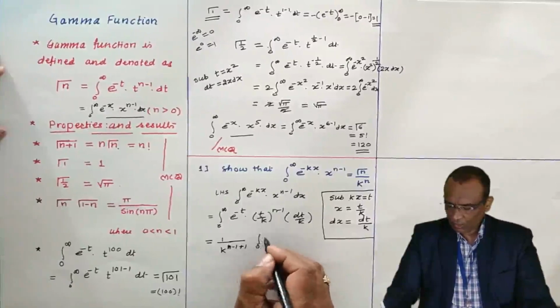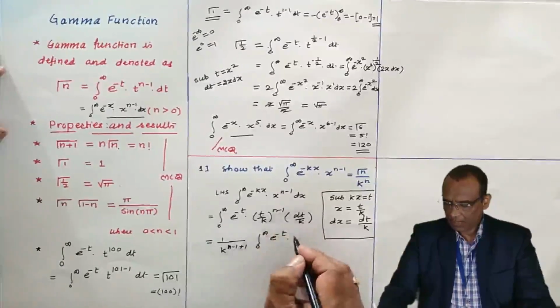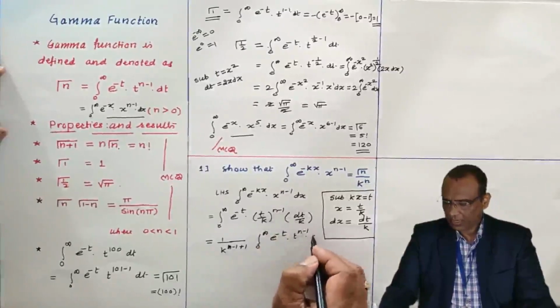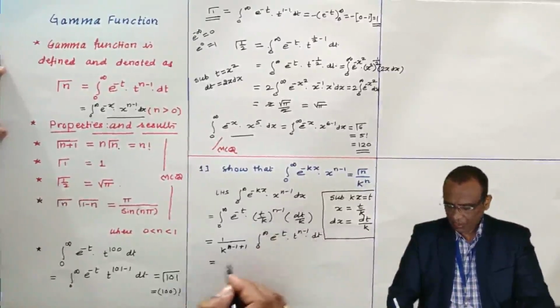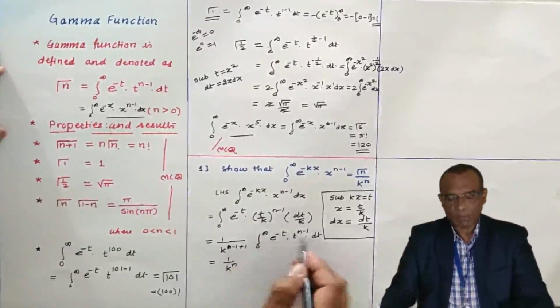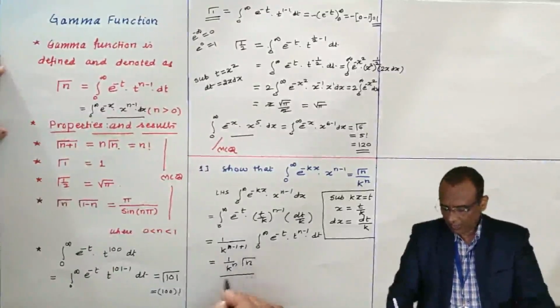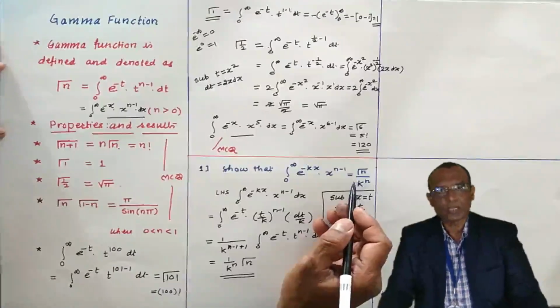The integral from 0 to infinity of e power minus t, and t power n minus 1 is as it is, dt as it is. Now 1 by k to the power n, and this is the gamma function, gamma n. In this way, left hand side equals right hand side is shown.